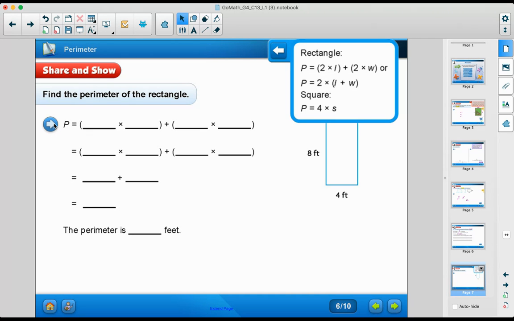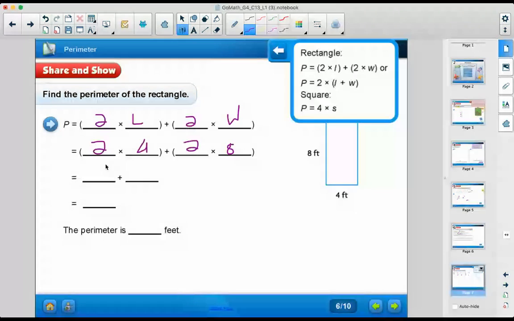Let's find the perimeter of that. Perimeter equals 2 times the length plus 2 times the width. So 2 times L, the length of this is 8, 2 times the width, which is 4.